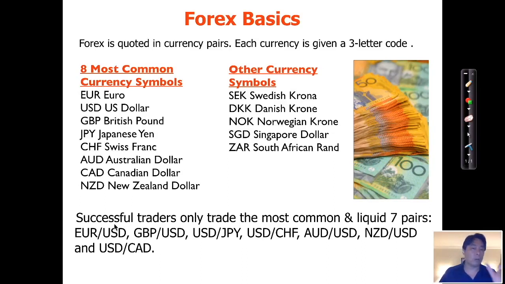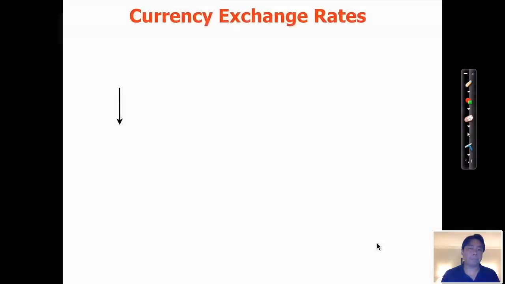And I'll talk about spreads in a while. So what are the 7 most common pairs? You've got the Euro USD, or you call it the Euro dollar. We've got the pound dollar. We've got the dollar yen, which is US dollar versus Japanese yen. Dollar franc. We have the Aussie dollar, New Zealand dollar, and the dollar CAD. So these are the 7 most common pairs.